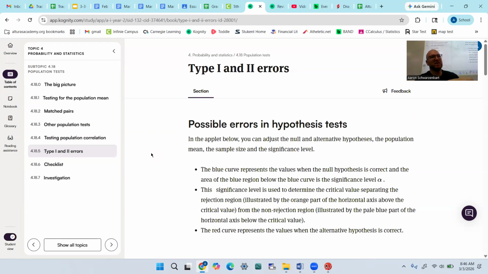So what is the meaning of type 1 error? Well, let's not talk about it in correlation. Let's talk about it in terms of significance tests.